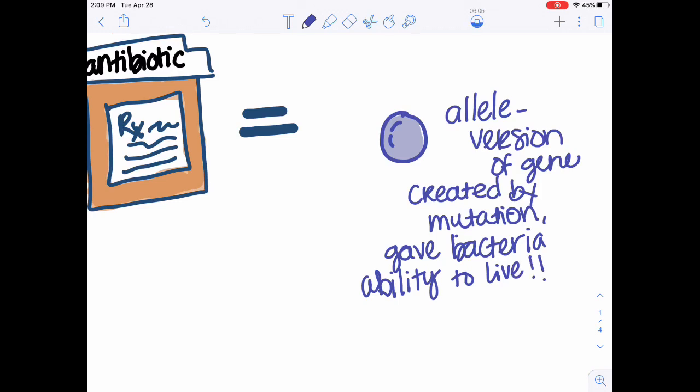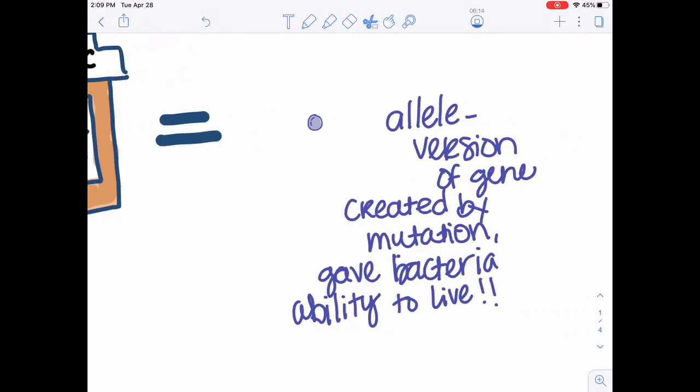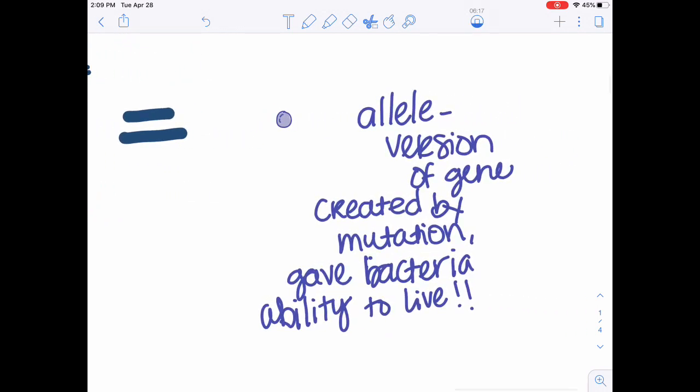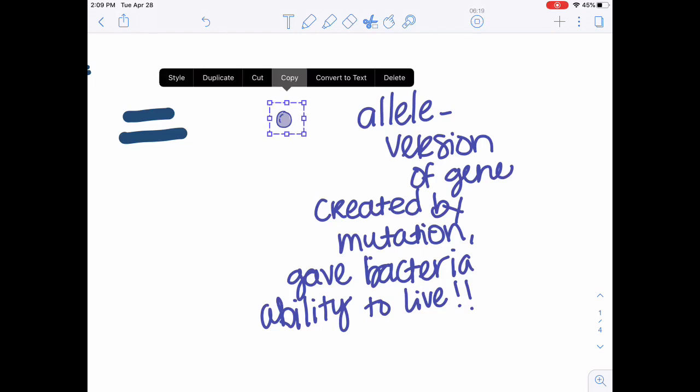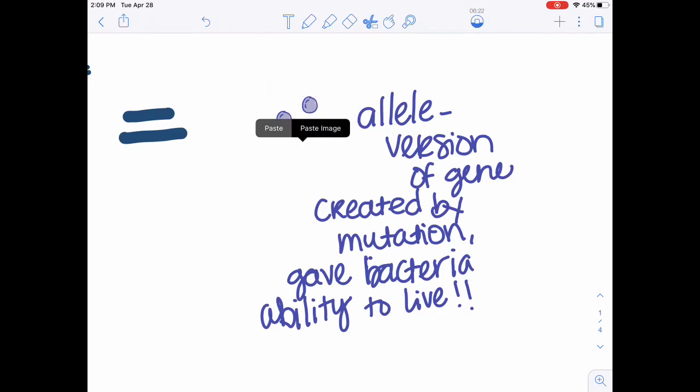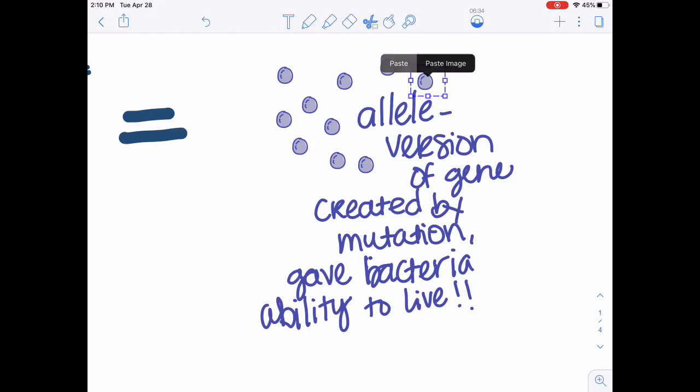For that one bacteria, that is awesome. Long live the bacteria. For us, we really don't want that bacteria to live, that's not cool, because that means that when this bacteria reproduces, all of their offspring are going to have that same allele. And so we now have in our mouth, or this person does, a bacteria that is resistant to that antibiotic.